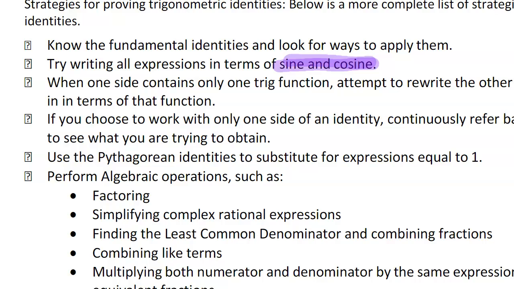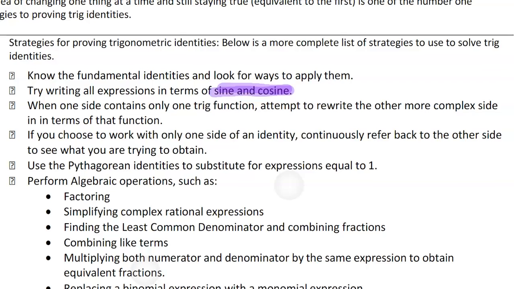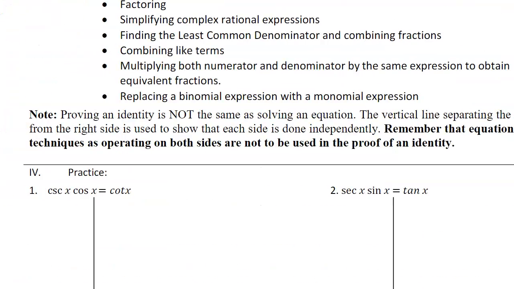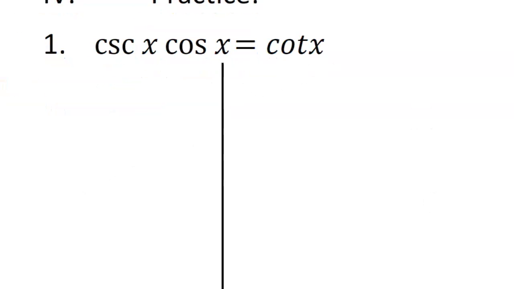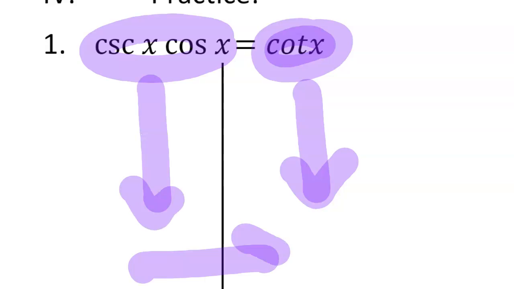When one side contains only one trig function, attempt to rewrite the other more complex side in terms of that function. What this means is if we have an equation, instead of working on the side that seems less complex, we would work on the complex side to eventually equal the non-complex side. Whoops, I meant that to be an eraser.